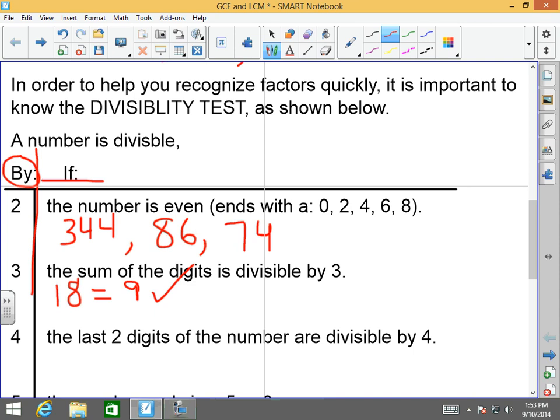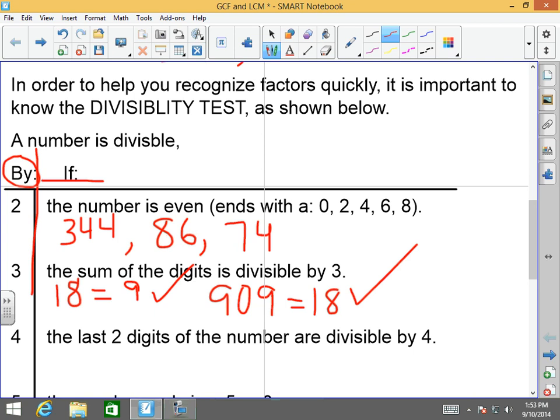What if I gave you the number 909? What's 9 plus 0 plus 9? 18. Is 18 divisible by 3? So 909 is also divisible by 3. Does that make sense? Okay.